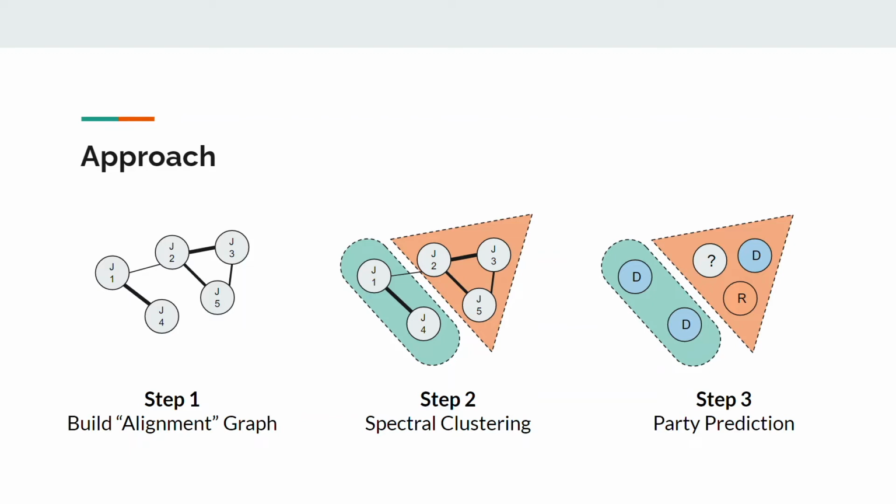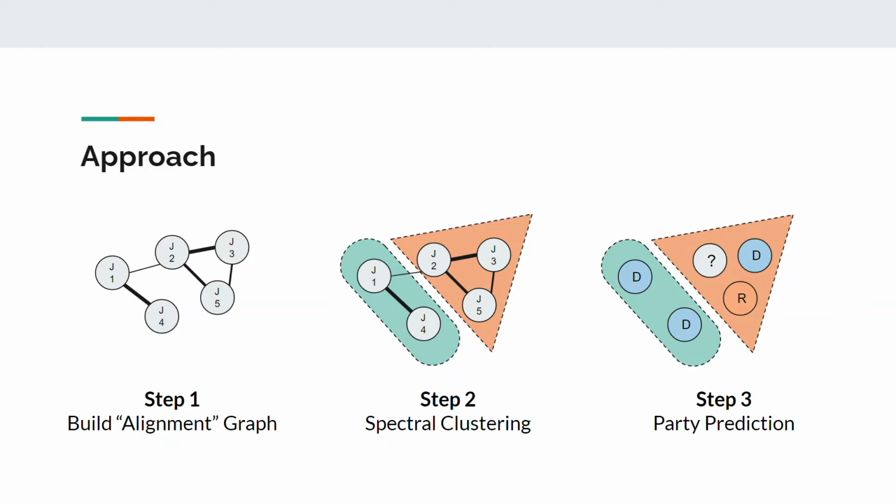As you can see here, we are building a weighted, undirected graph. Each of the nodes is a different justice in the Supreme Court, and the weights on each of the edges are the share of opinions on which 2 justices have voted the same.